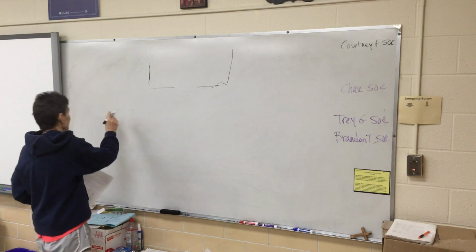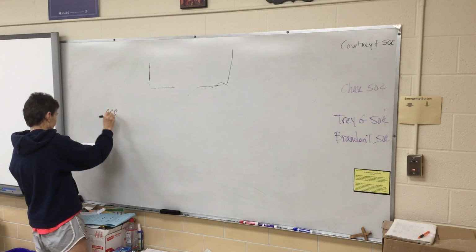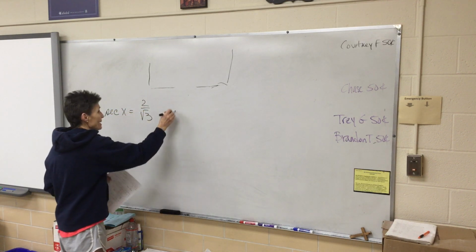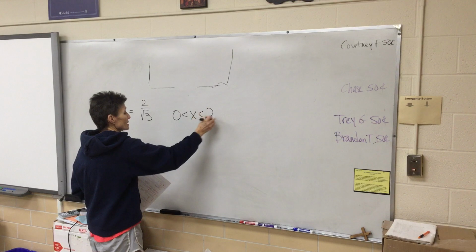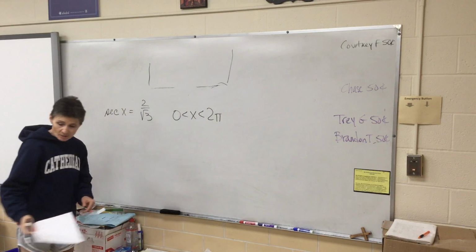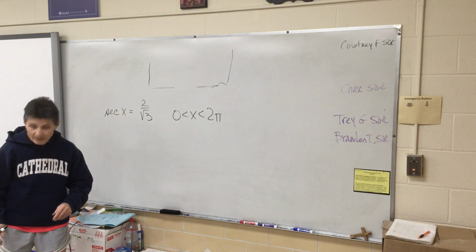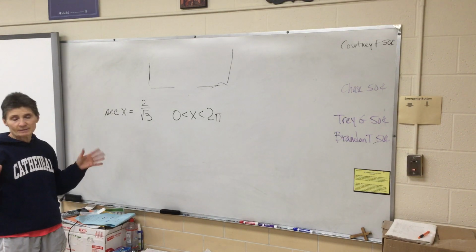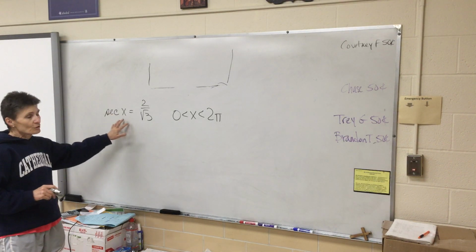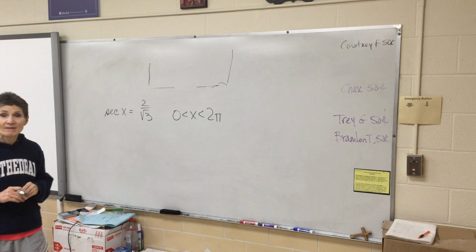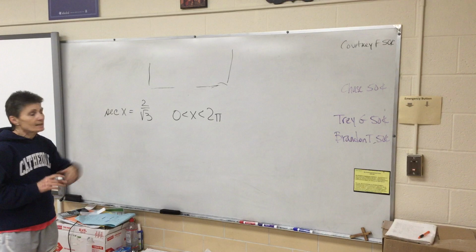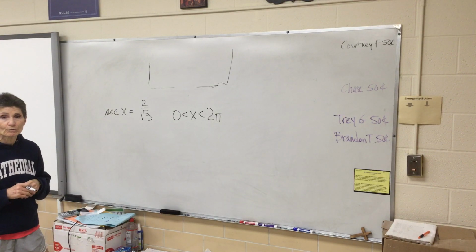Let's solve this equation, and let's solve it between 0 and 2 pi. So what this means is, don't let it wig you out. You're trying to find all the values of x so that the secant is 2 over root 3.